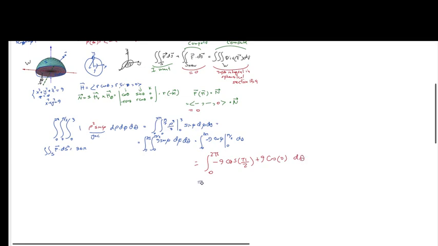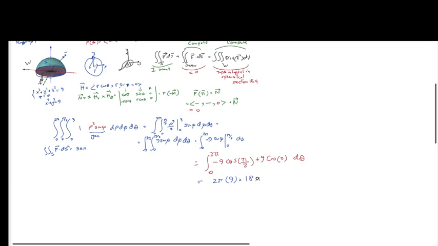That one was 9, and with respect to theta I get 2 pi times 9, which is 18 pi.